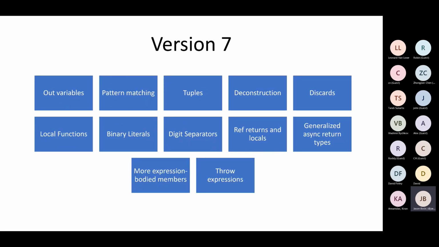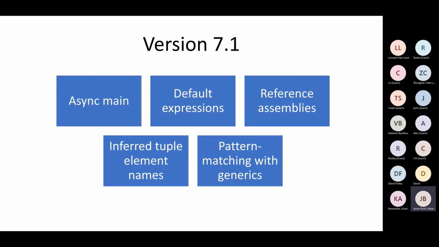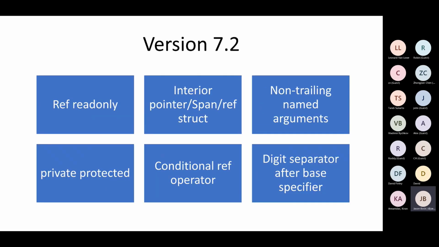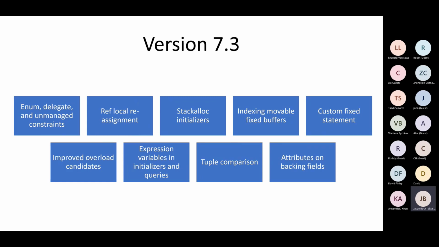Version 7 played with the notion of point releases. So not only did you have a major release with 7, but you had 7.1, 7.2, and 7.3. Now, I went through those fast. A lot of those features were relatively small, but they wanted to see, could they get into a release cadence where they could do a little bit more rather than waiting for Visual Studio to release.